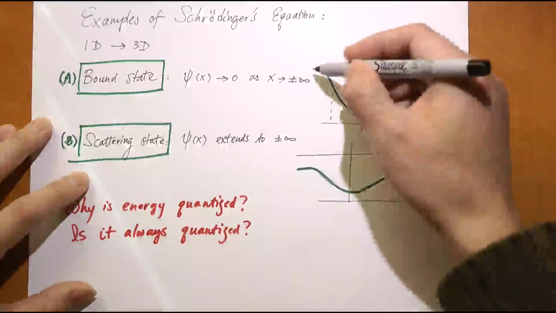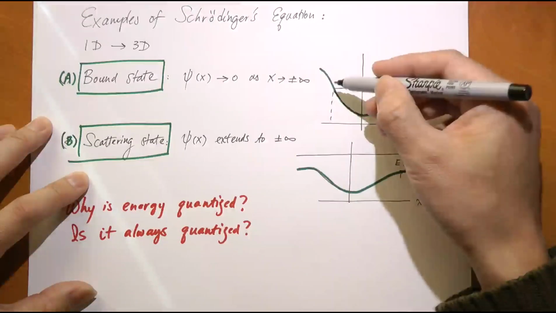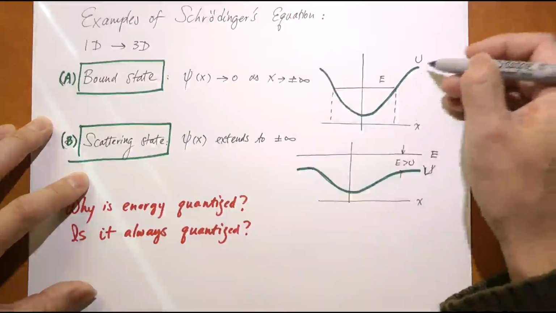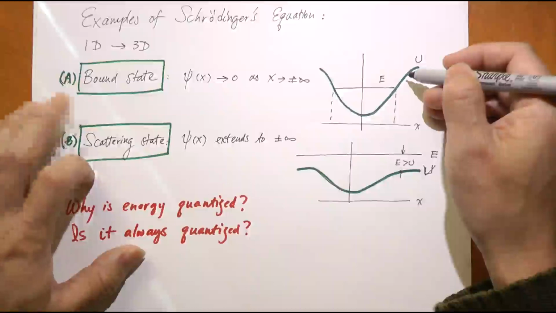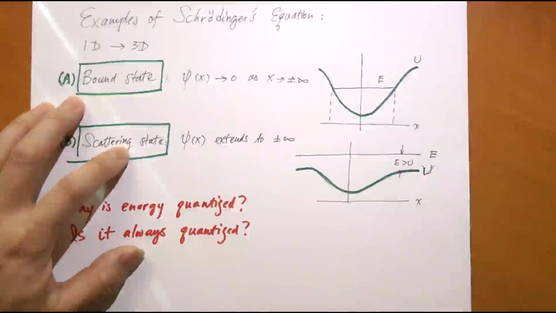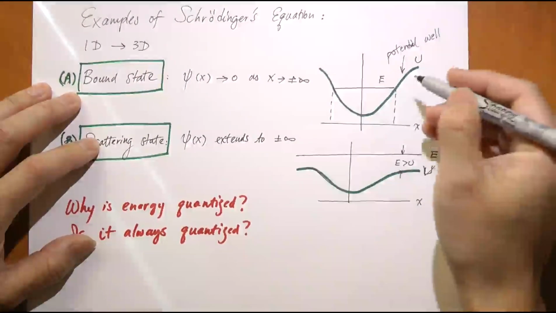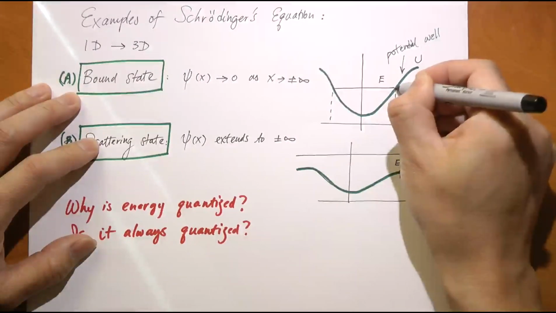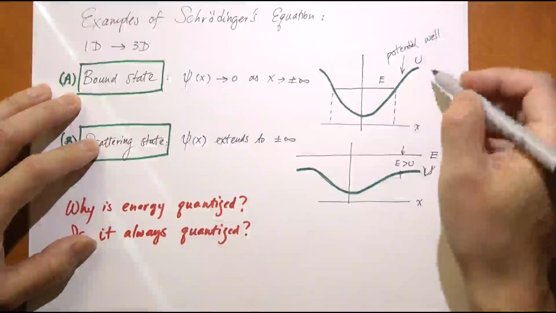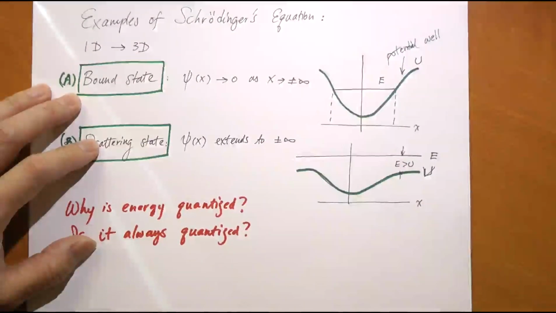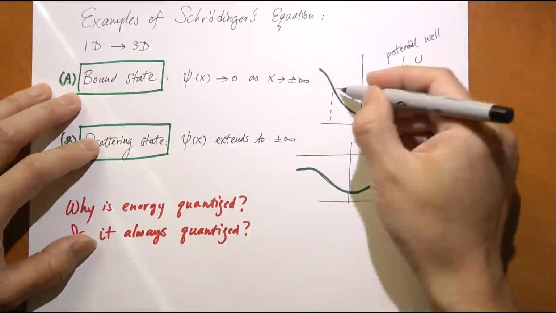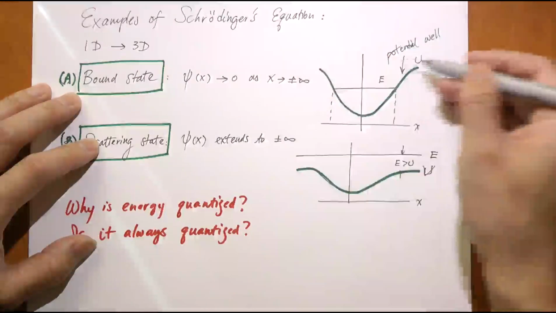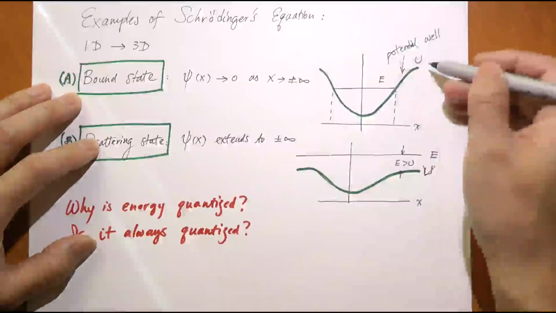You have a potential that looks like this, lower in the middle and higher at the two ends, and we call it the potential well. And the energy of this particle is fixed. I'm assuming it's a stationary state, therefore the potential energy isn't a function of time, and the energy is conserved, and this energy is lower than the value of the potential at the two edges when x approaches positive or negative infinity.